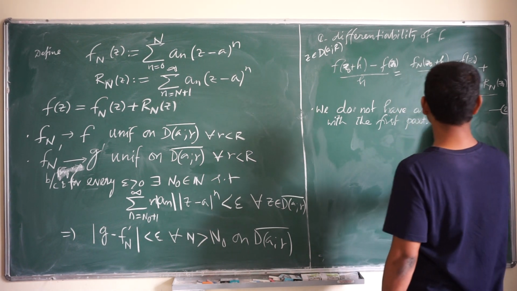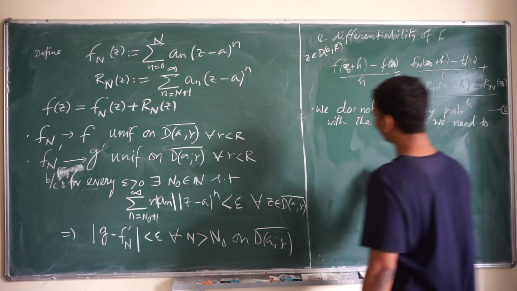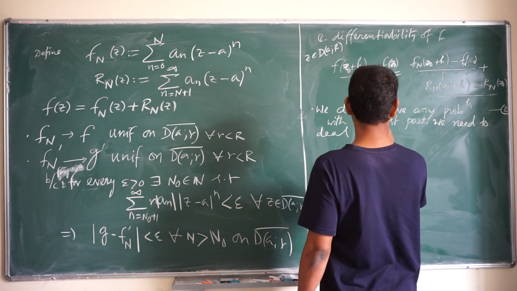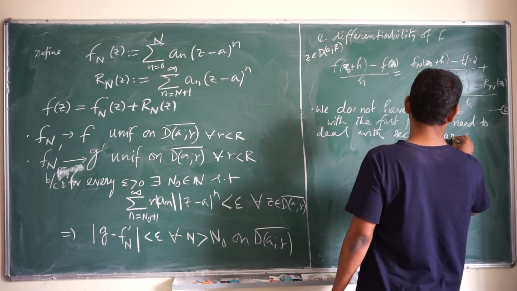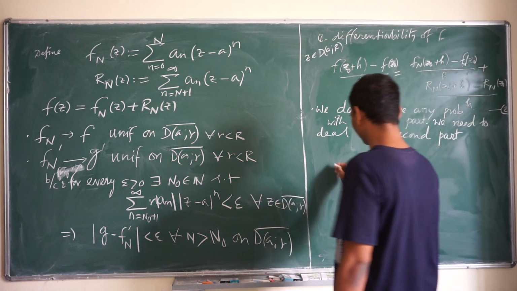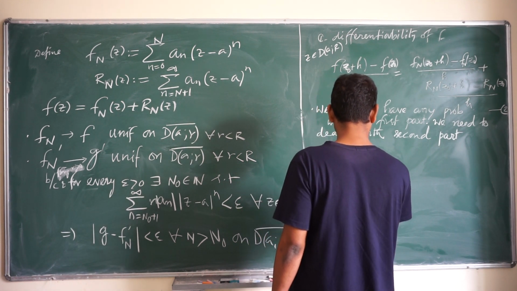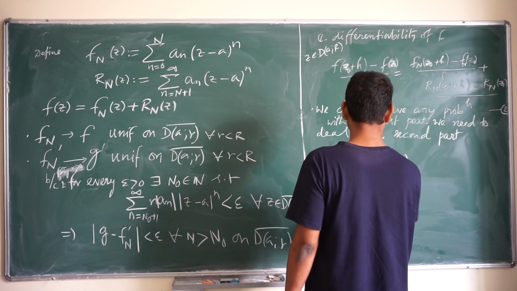So we need to deal with the second part, this one. So let's look at this one: (Rn(z0 plus h) minus Rn(z0)) by h.